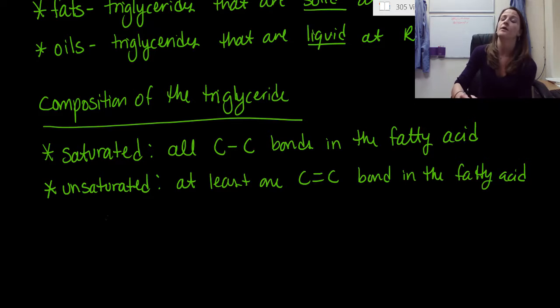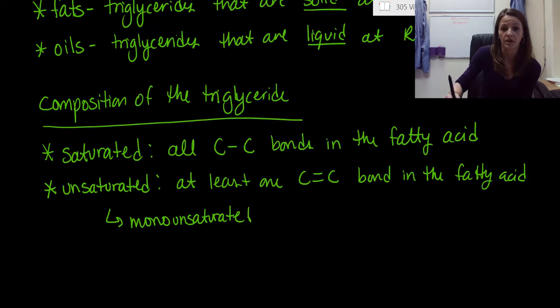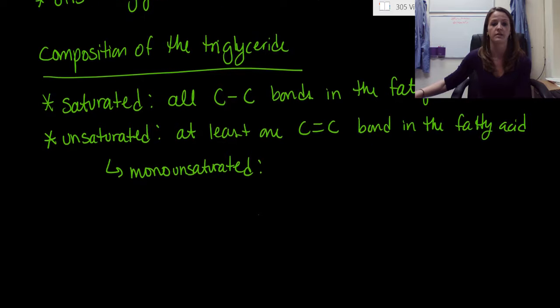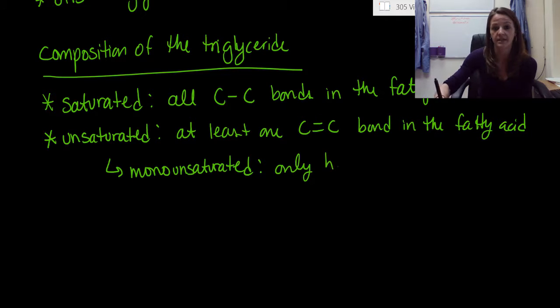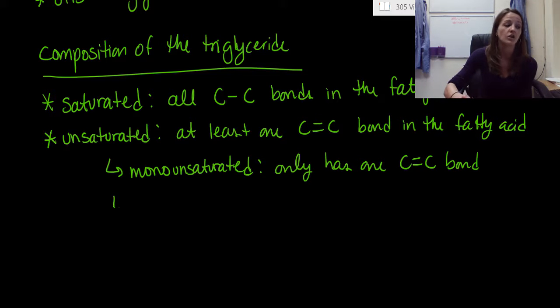We can actually break apart the unsaturated components into monounsaturated or polyunsaturated. So let's work with monounsaturated first. Monounsaturated is exactly what it sounds like. It only has 1 carbon-carbon double bond. Okay, we're focusing on the double bond here. Alternatively, you could have something that is called polyunsaturated.